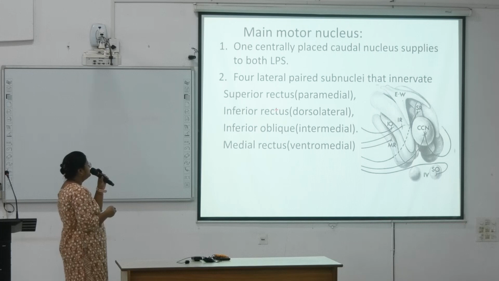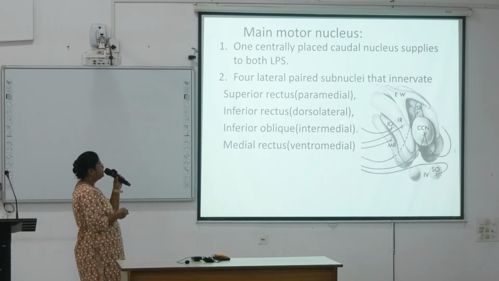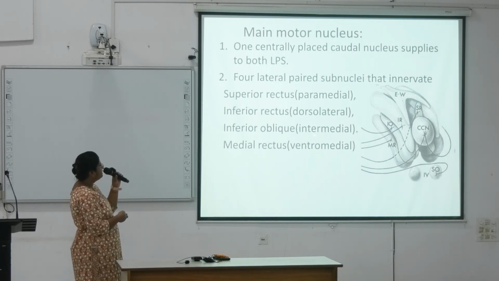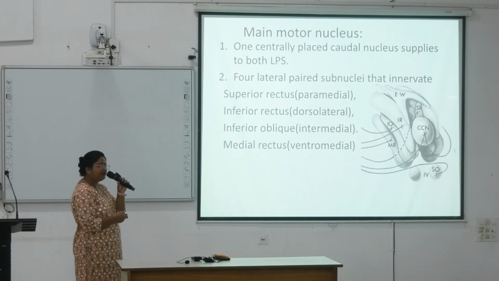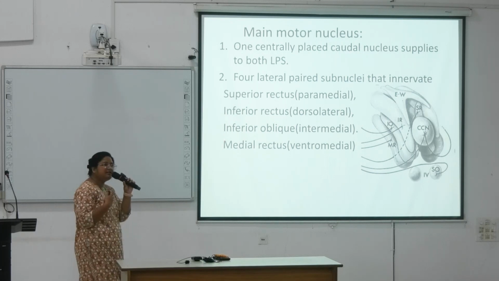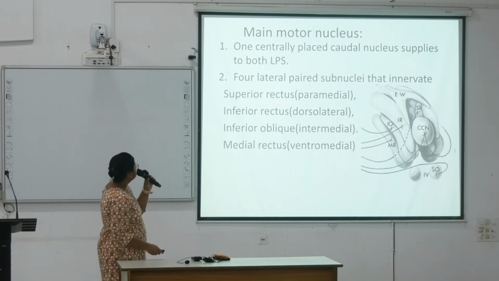Superior rectus supplied by paramedial nucleus, inferior rectus by dorsolateral, inferior oblique by intermedial and medial rectus by ventromedial nuclei. These are not important. You remember the muscles which are innervated by the oculomotor nerve. Okay. Next.